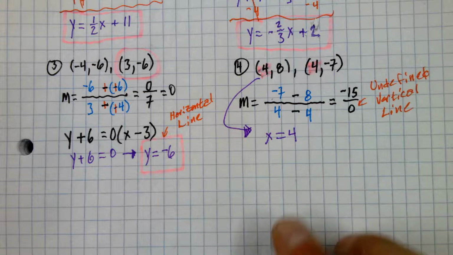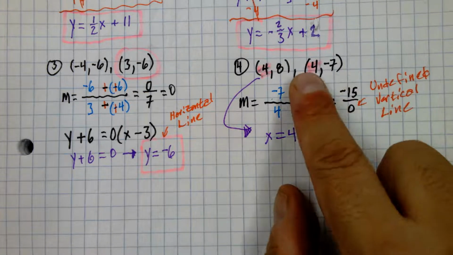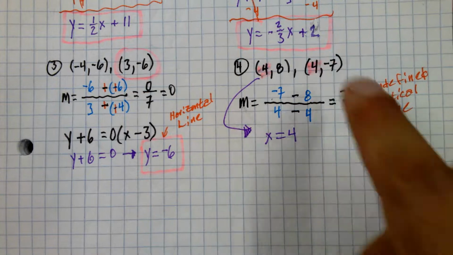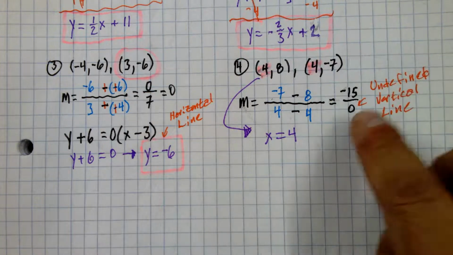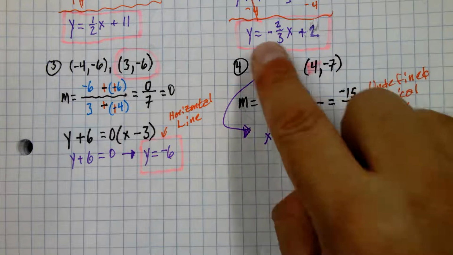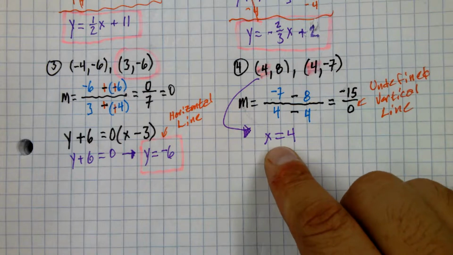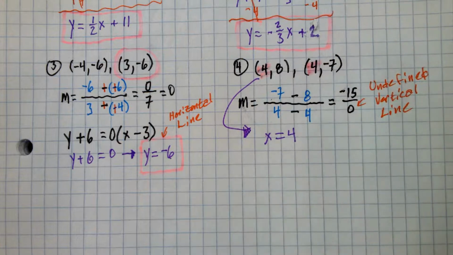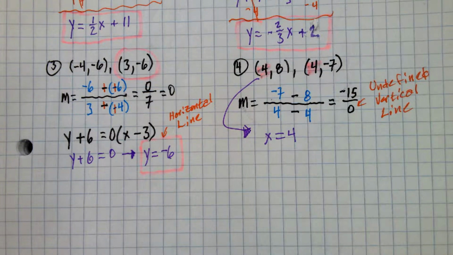Whenever you see one of these where both x values are equal, you don't even have to go through finding the slope or any of that. The slope is going to be undefined because the denominator will give you 0. You can go straight to saying, okay, that's x equals 4. If both numbers were -3, x equals -3, whatever the x values are. Okay? So x equals 4 in this case.